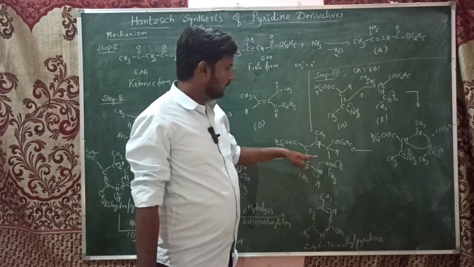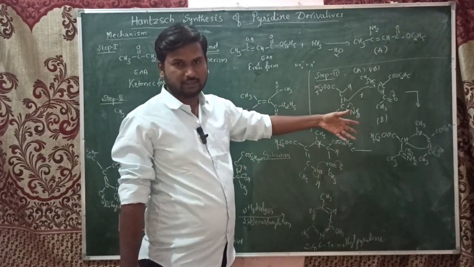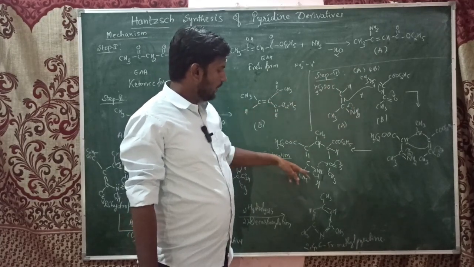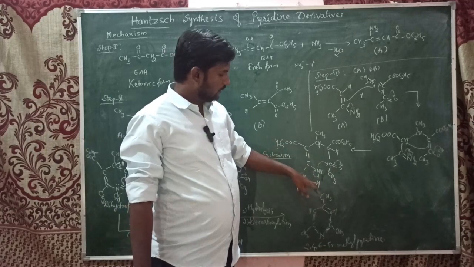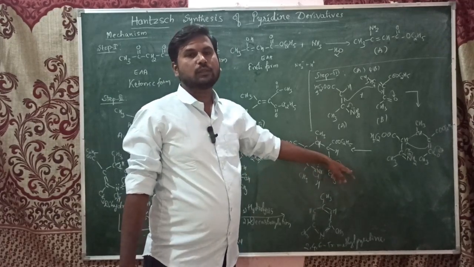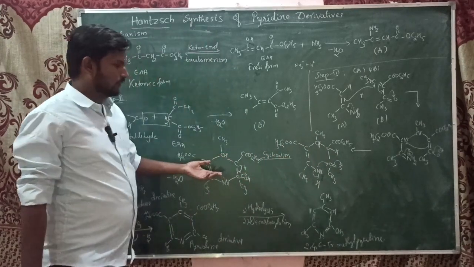So further the cyclization has to take place, because the two compounds have to get cyclized. Here this hydrogen has given electron, and cyclization takes place. This hydrogen is shifted from nitrogen to oxygen, that is an internal proton transfer. So this we get.